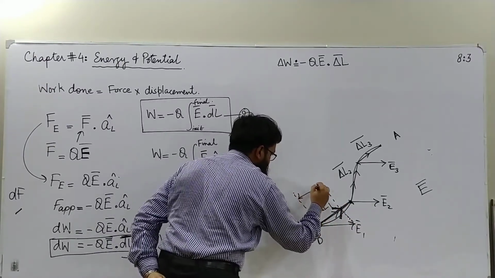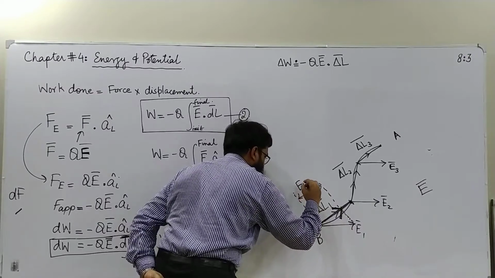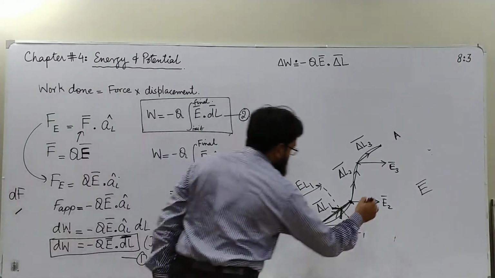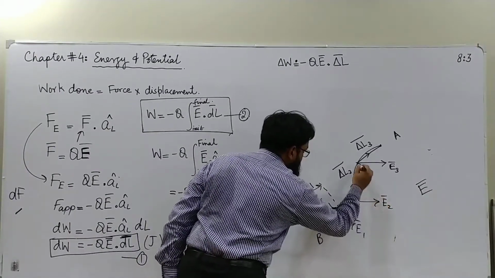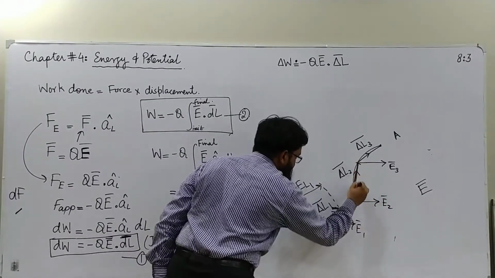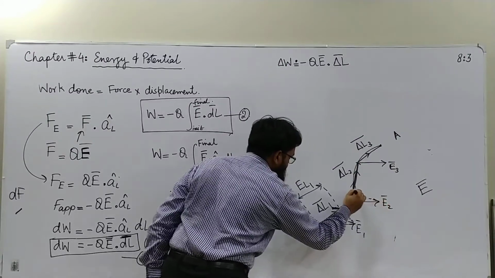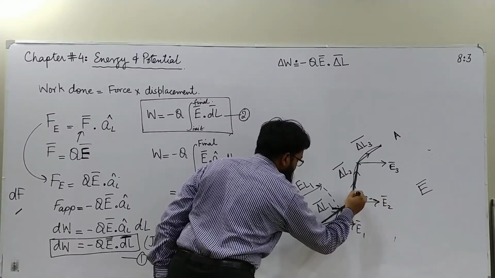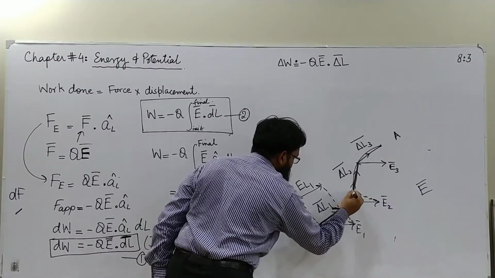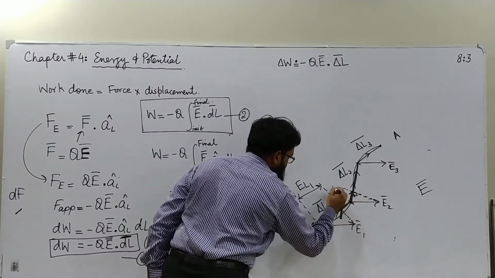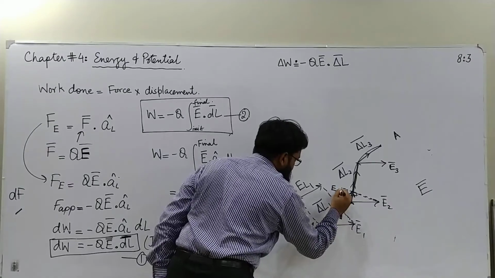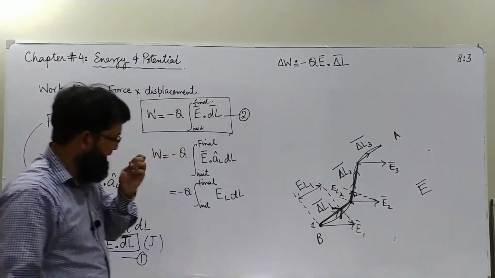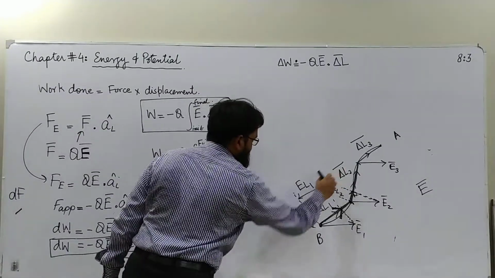This is actually the electric field intensity in the direction of delta L1. And if I drop a perpendicular from here to this straight line segment delta L2, at 90 degrees, this component is the electric field intensity in the direction of the second segment.